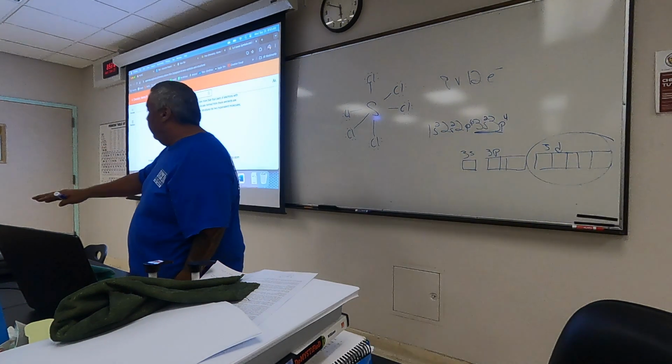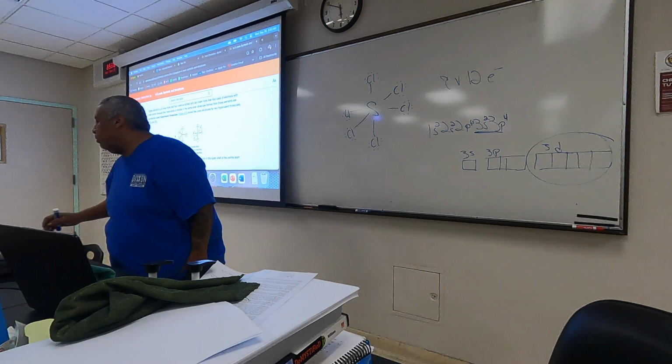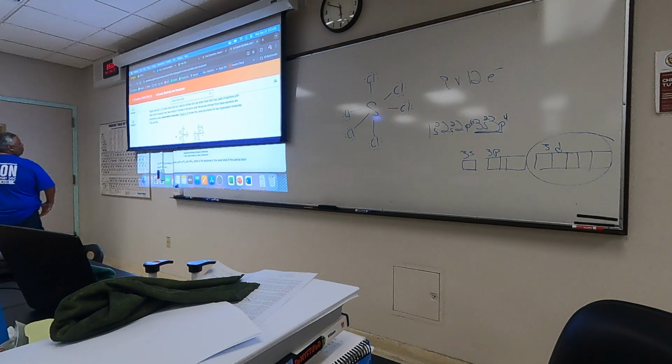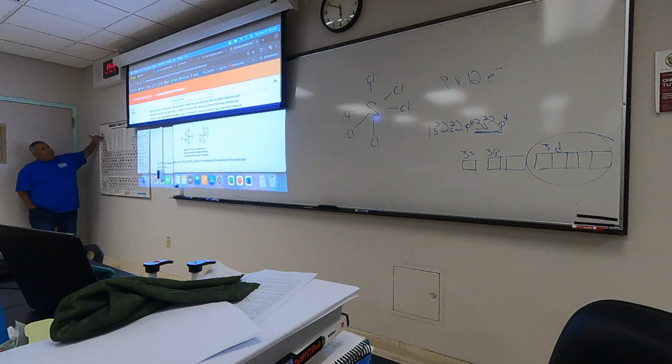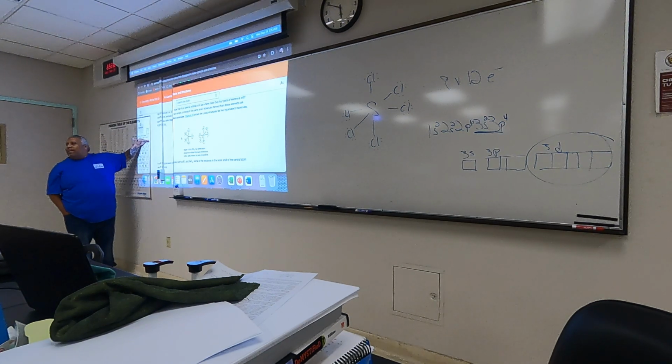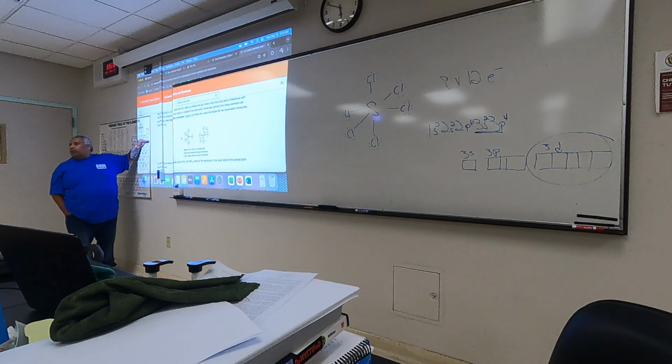When we're looking at the periodic table, anything here and here, you cannot go over 8 electrons because there is no 2d subshell, right?